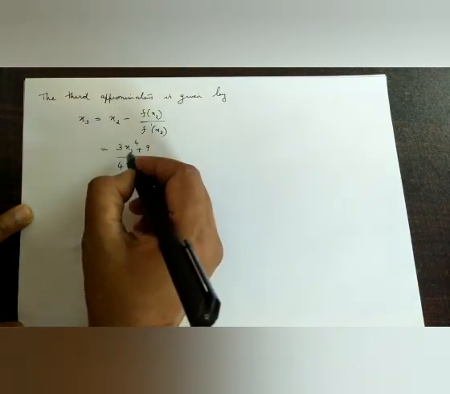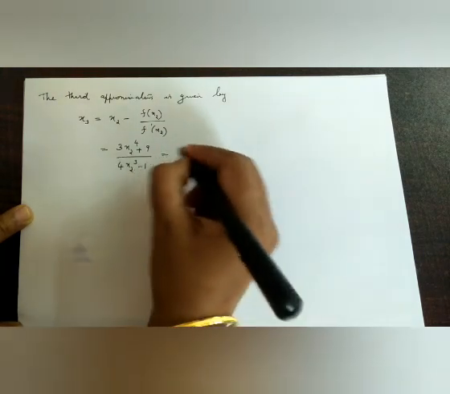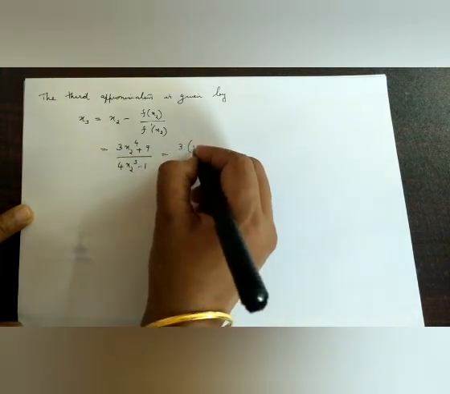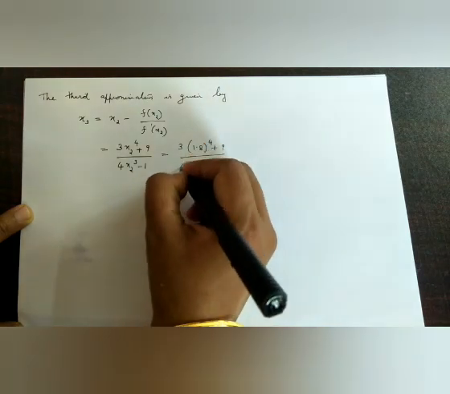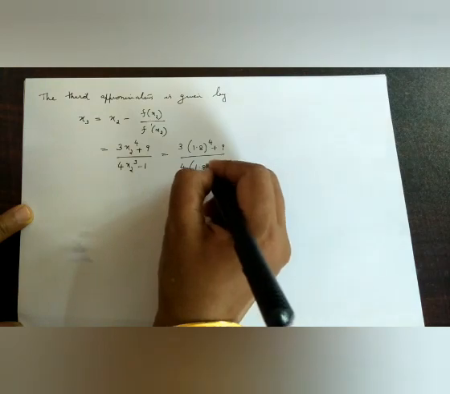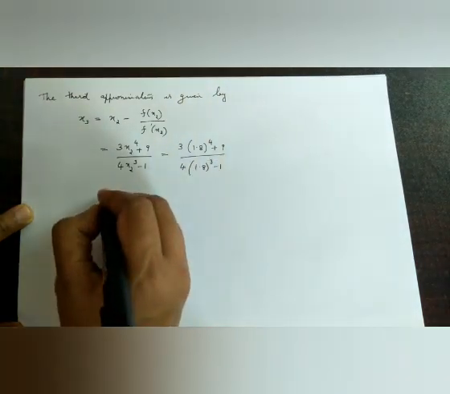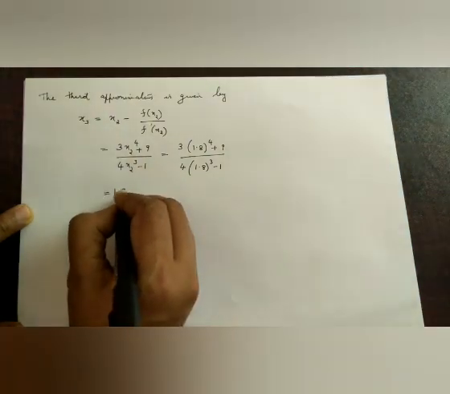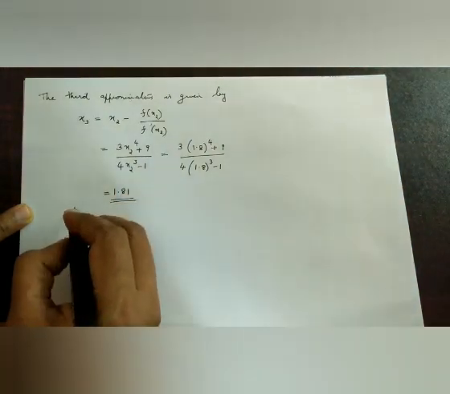Putting x2 = 1.8, the previous result, we get (3 x 1.8^4 + 9) / (4 x 1.8^3 - 1). Now the answer will be 1.81. That is the third approximation.